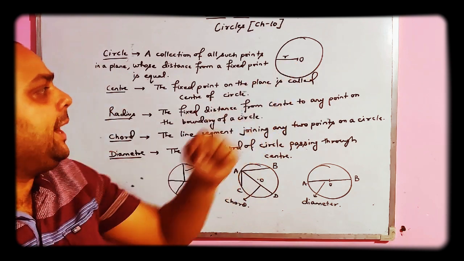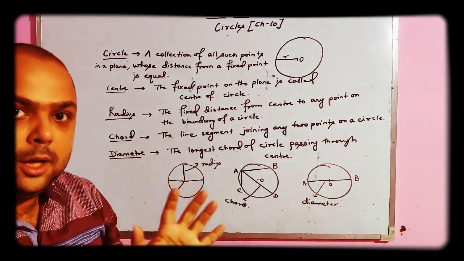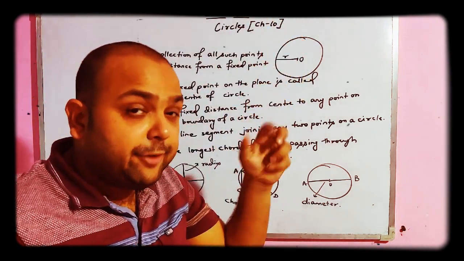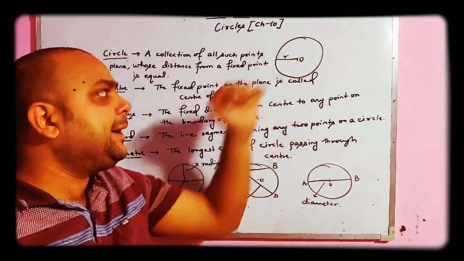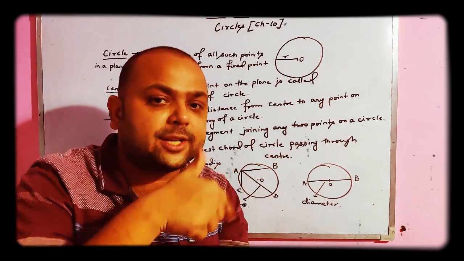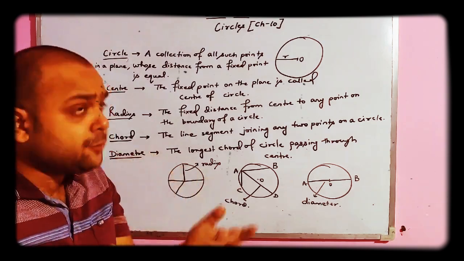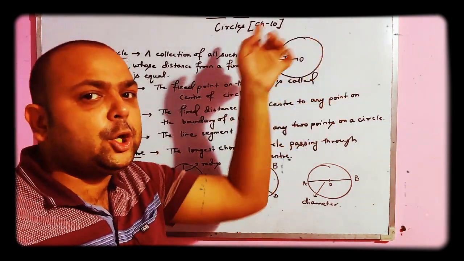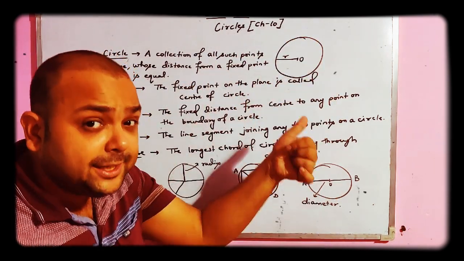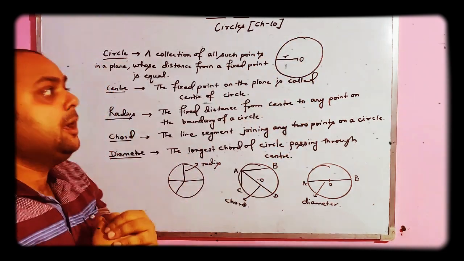This fixed point on the plane is called the center of the circle. The distance from the center to any point on the circle is called the radius.